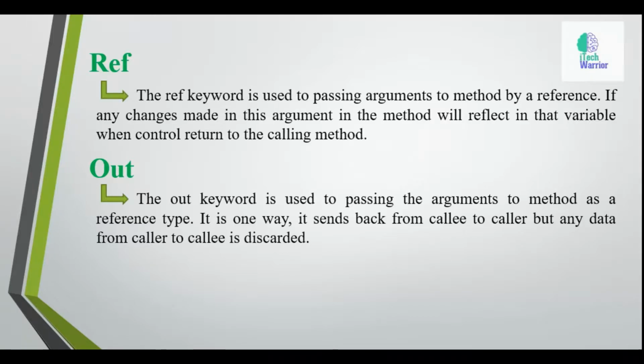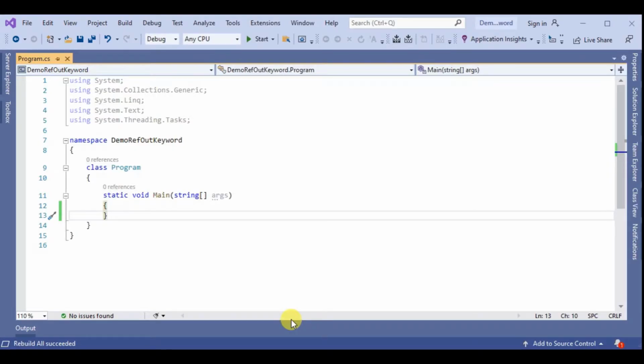So let's understand with a practical example in Visual Studio. Now we are inside Visual Studio 2019. Here we create a class Program inside the namespace DemoRefOutKeyword, and we write a program for ref and out. First we start with ref.